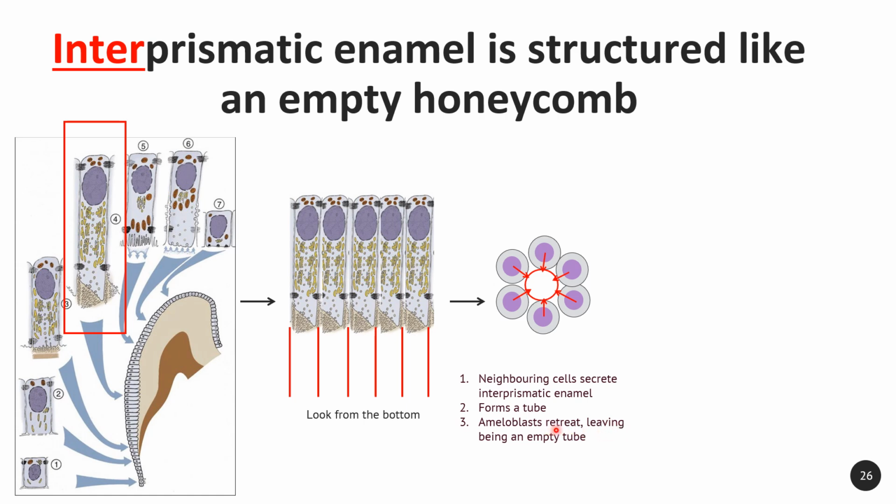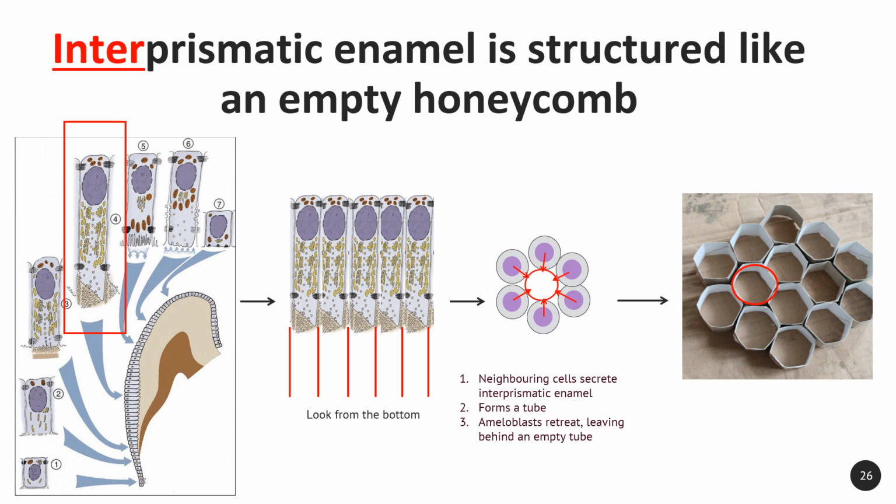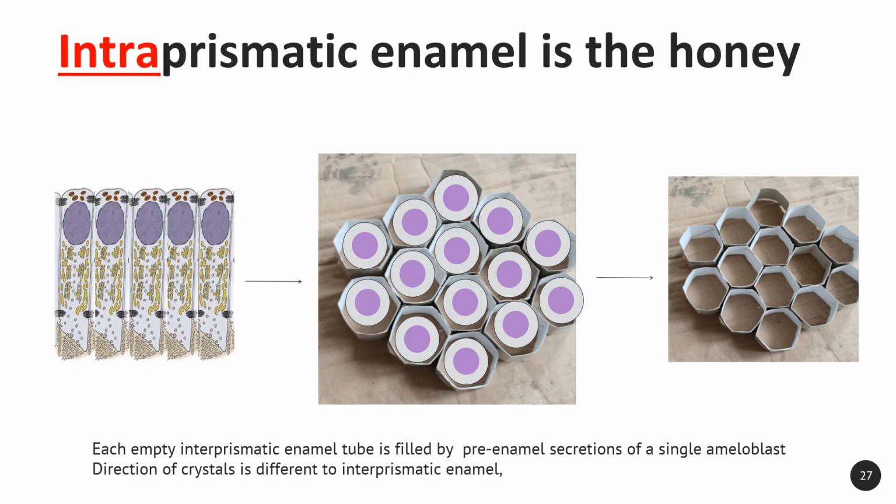When they have made this kind of wall, the ameloblasts retreat behind. So you can kind of visualize it like this, I would think, that neighbouring ameloblasts collaborate together to secrete initially interprismatic pre-enamel proteins, making a tube which they then move away from, and then they proceed to fill the tubes, which is then called the intraprismatic enamel.